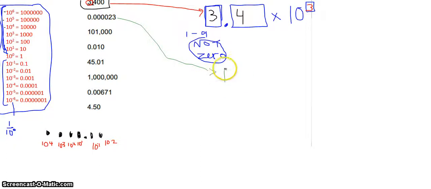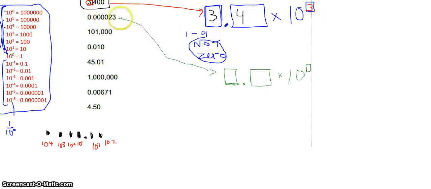Okay, look, drawing my box. 1 through 9. Not 0. Dot. Something here times 10 to the what power? All right, so look, that's a 0, can't use that, can't use that.